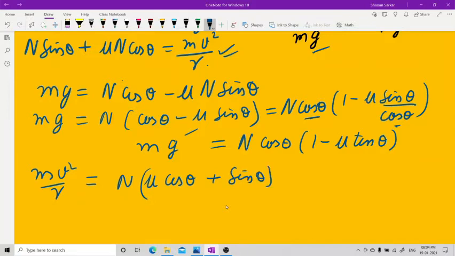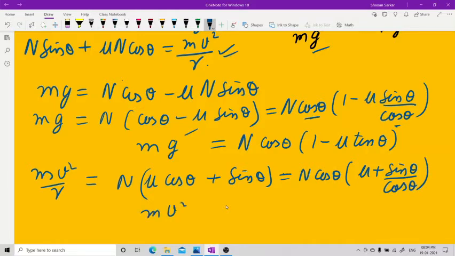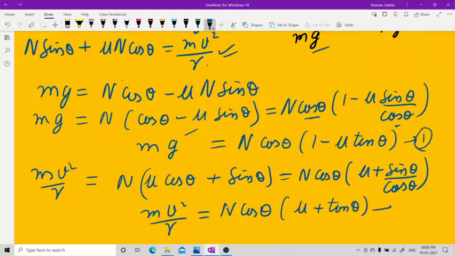Again, the same way I'm taking cos theta out. I'll take cos theta out, it is equal to n cos theta (mu plus sine theta by cos theta). And then I'll get mv square by r equal to n cos theta (mu plus sine upon cos, which is tan theta). This is my equation number 1 and this is my equation number 2.